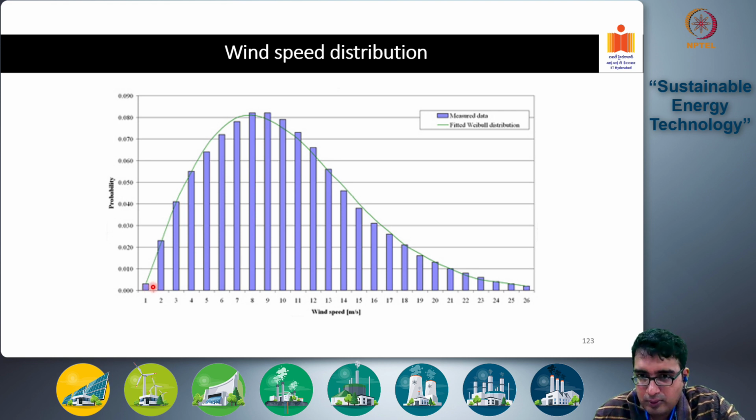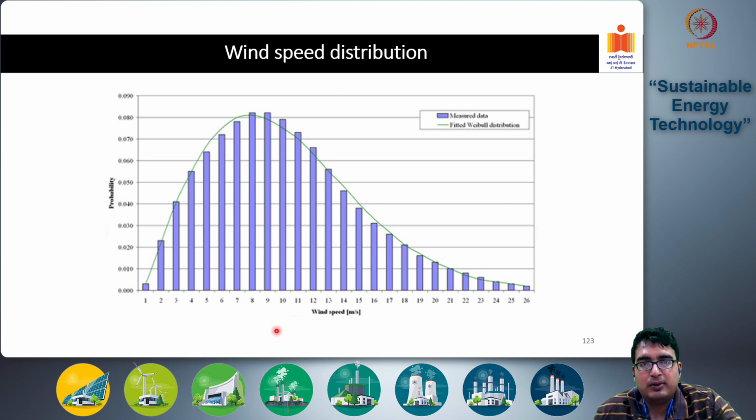It can be 0, it can be some other non-zero value, but it must have a value. So the total probability must come up to 1, and the probabilities of the individual wind speeds are plotted with respect to the discretized wind speed values at intervals of 1 meter per second for that given location.